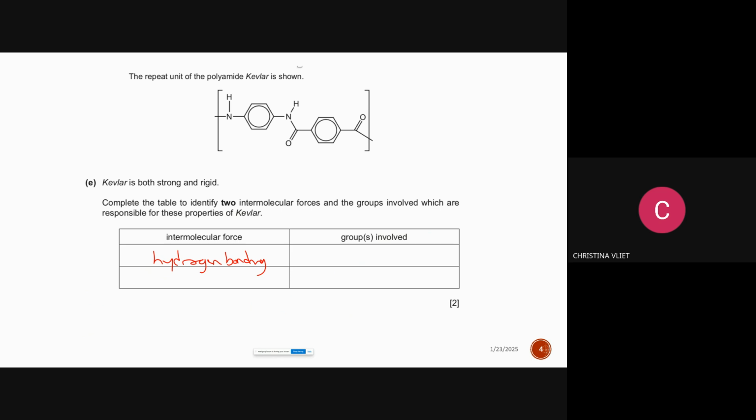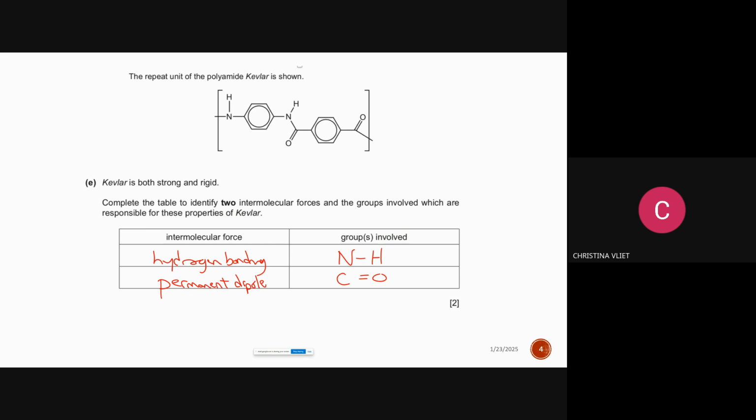NH, because it has to be hydrogen connected to F, O, or N. It has to be with a bond. So we would say NH is the group involved with the hydrogen bonding. And then I picked the second, permanent dipole, and the group involved with that would be the C double bond O.